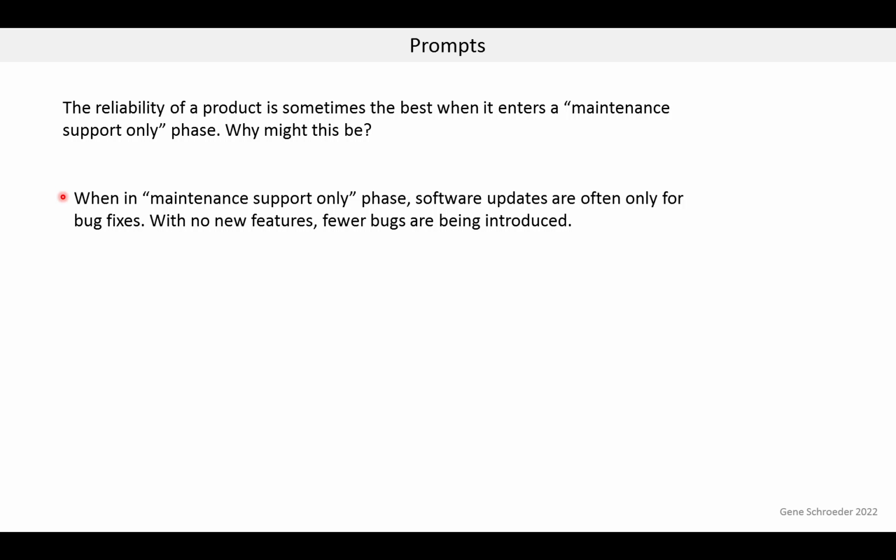And I've seen this in products where new feature development has stopped, but maintenance releases still go out. And yes, they get very reliable because the number of bugs that are causing problems just continue to decrease.